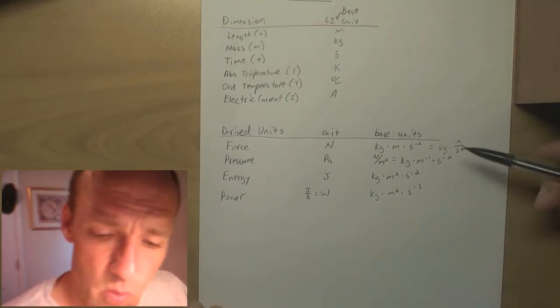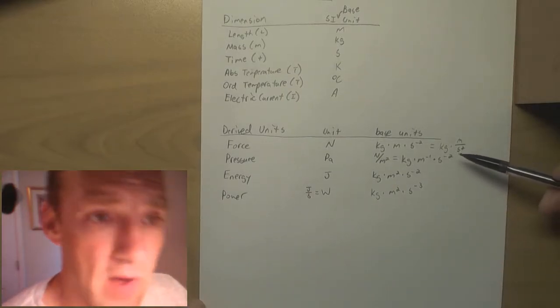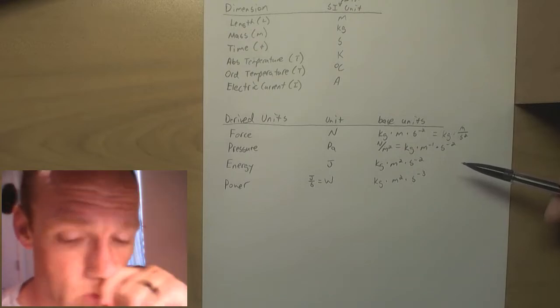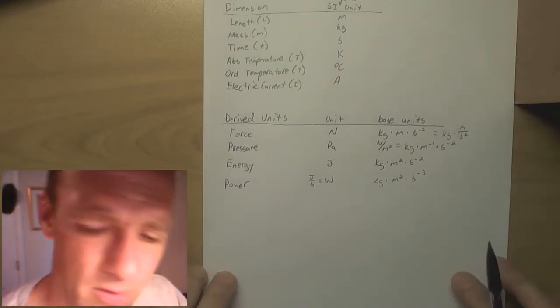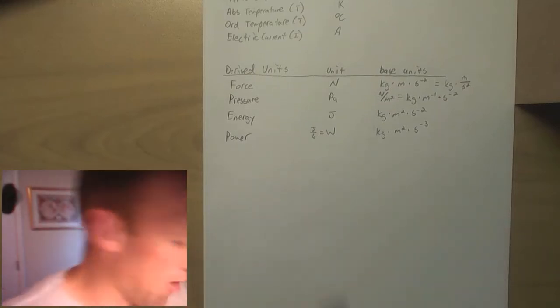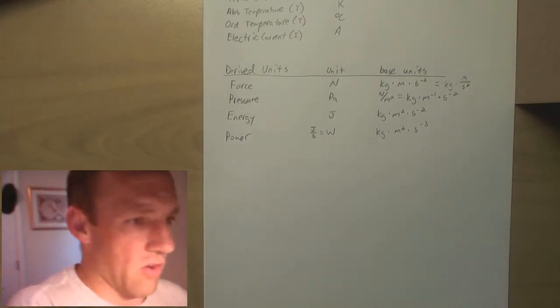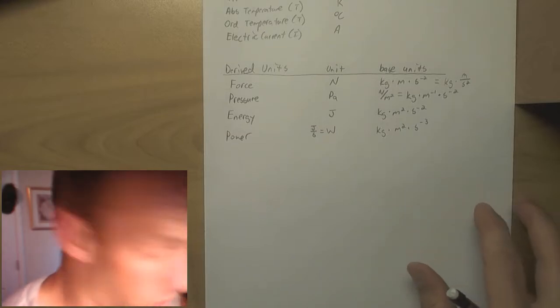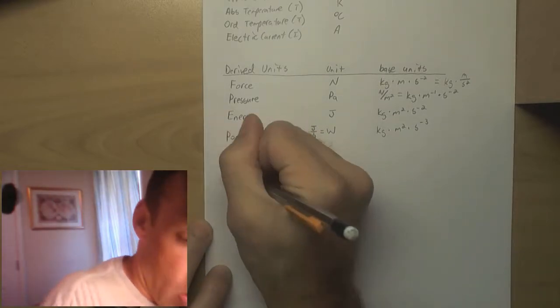Okay. And what I find is an easy mnemonic, or method, for remembering this sort of thing is I remember certain famous equations. Okay, and so Newton's second law is a good one.